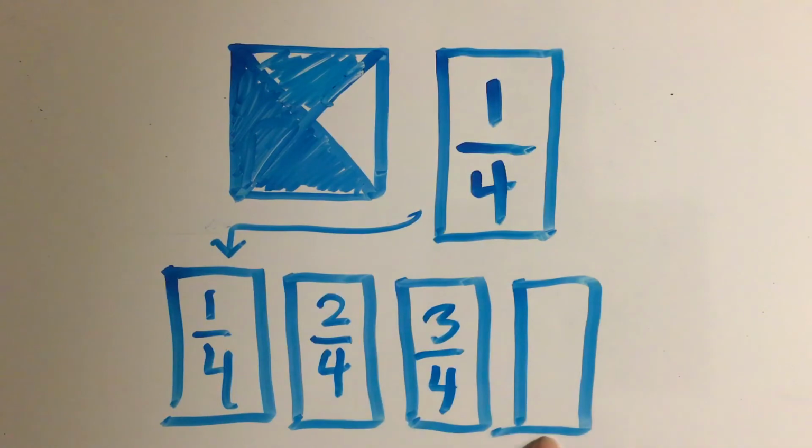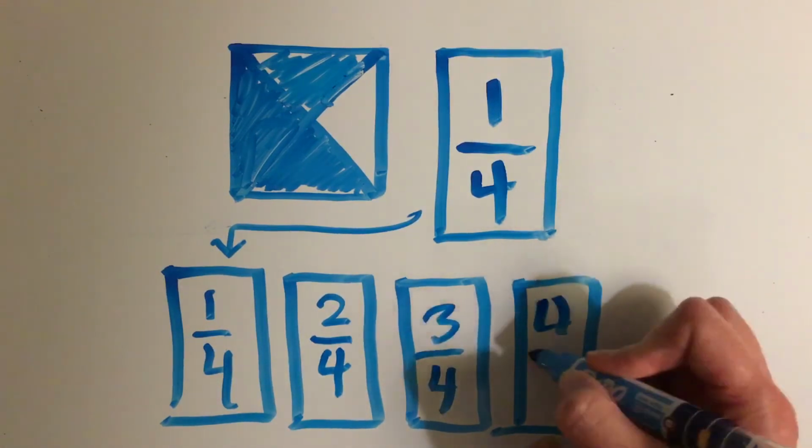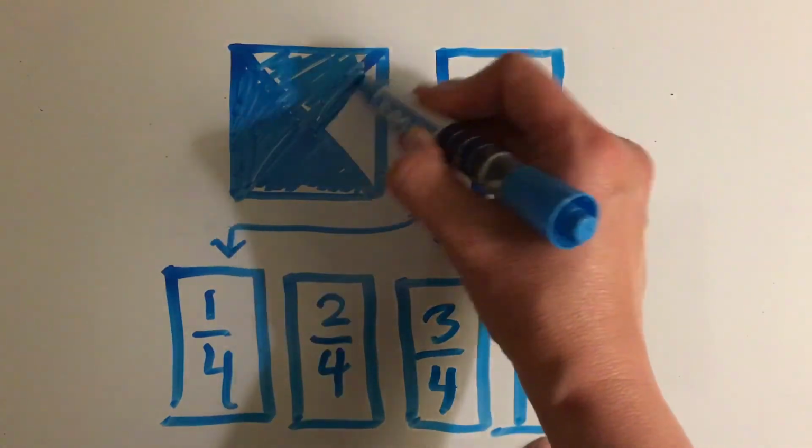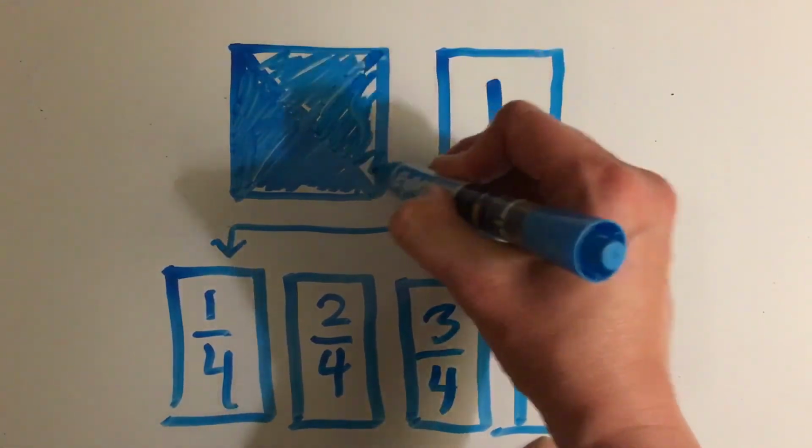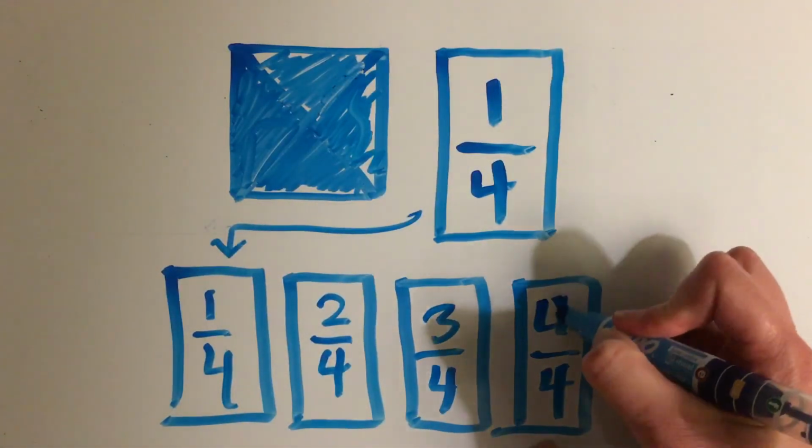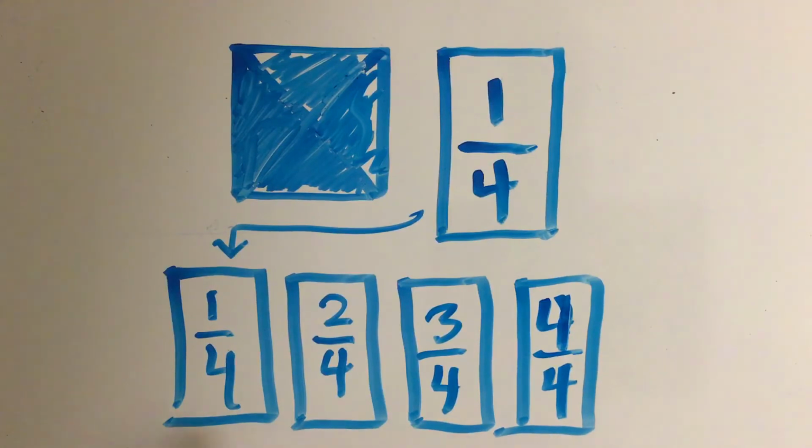And that equals the whole shape. If you said 4/4, and I color in that last part, then you are correct. So when I'm counting by fourths, there's going to be 4 fractions till I reach the whole. 1/4, 2/4, 3/4, 4/4. Okay? And that's how you're going to do question number 3 in your Jump Math book.